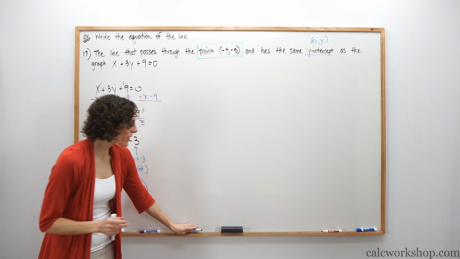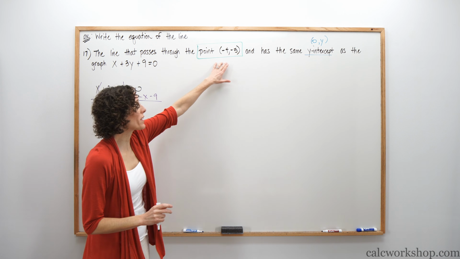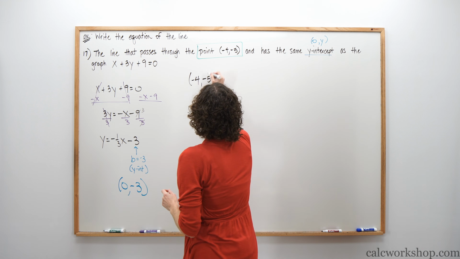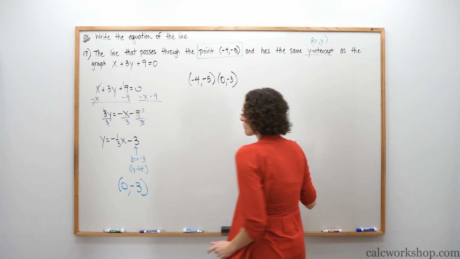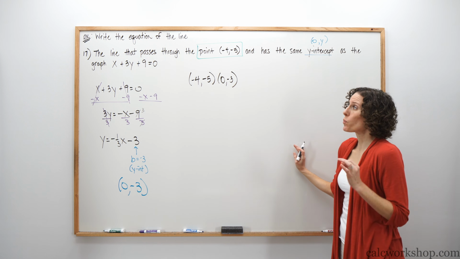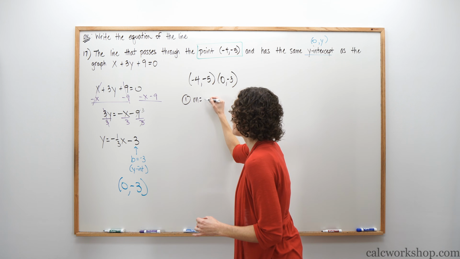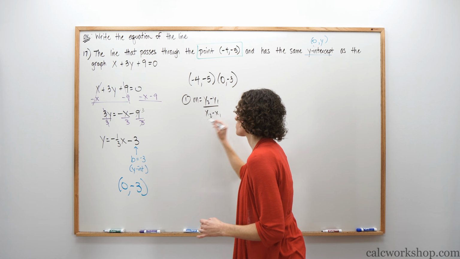So we now have a new point, (0, -3), and a point that was given. So what we have is (-4, -5) and the point (0, -3). Now, we can go about and use the steps and go, okay, number 1, m equals y2 minus y1 over x2 minus x1.